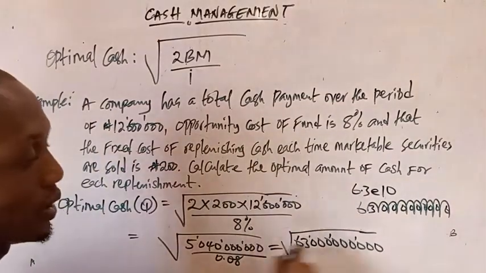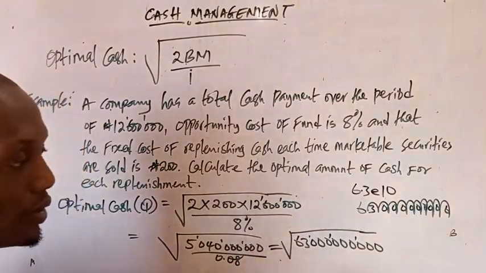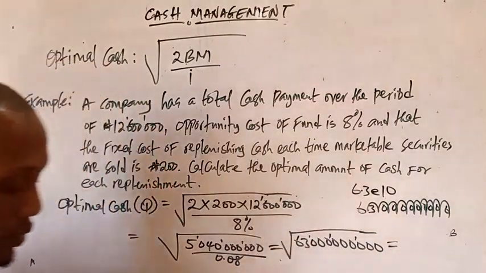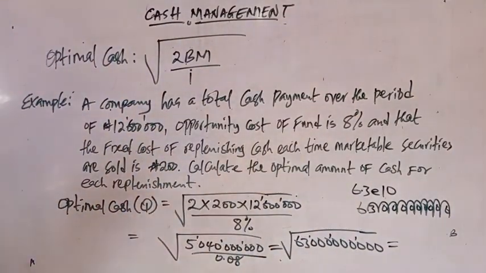Okay. So what is now the square root of this 63 billion? What is the square root of it? So let's work it out.